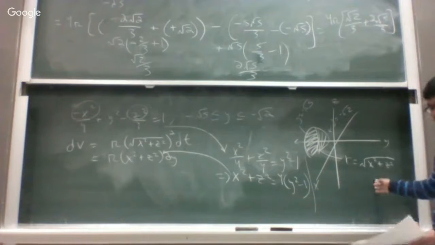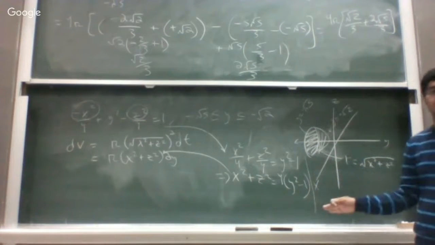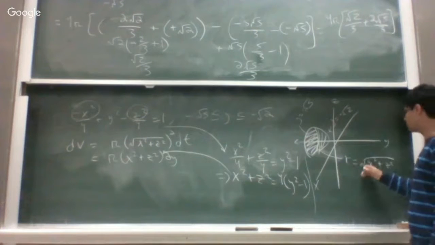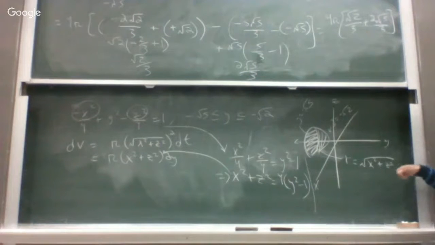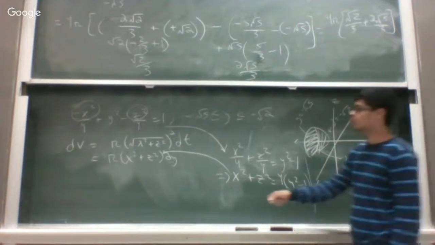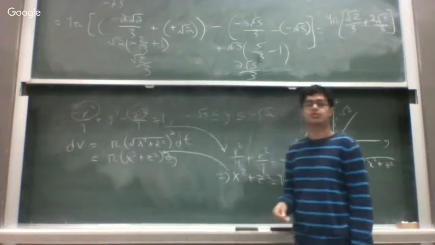This is the same thing, but our circle is facing on the xz plane. So then it's x squared plus z squared equals r squared. And then r is equal to the square root of that. So then pi r squared dt equals dV.